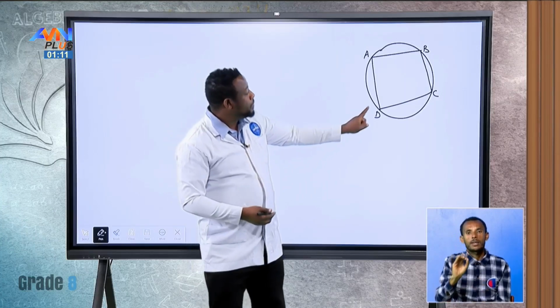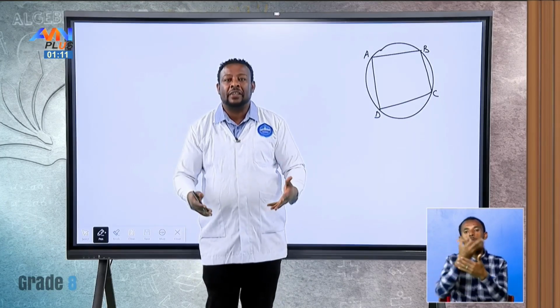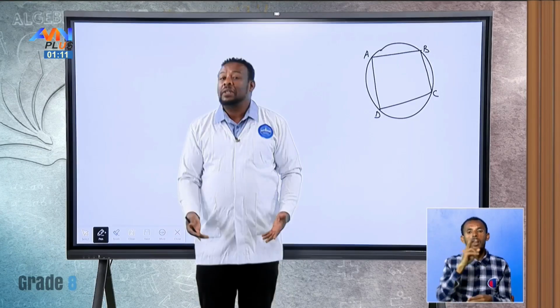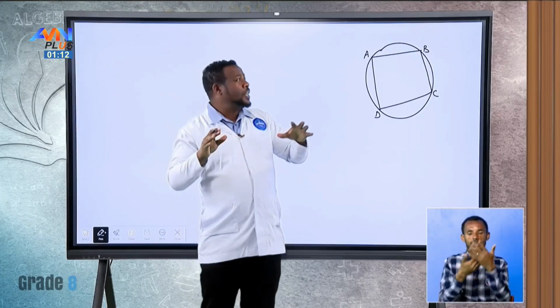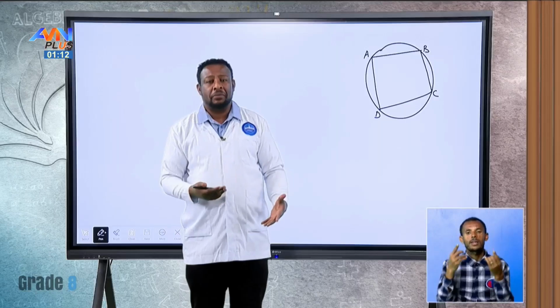At the same time, D and B also form 180 degrees, so that we call B and D supplementary angles, right? So that was the point of discussion. The proof was very simple to understand, and you can easily prove this theorem, right?